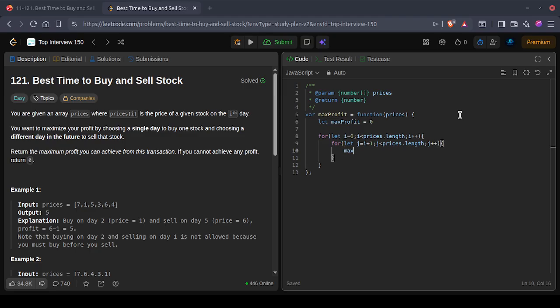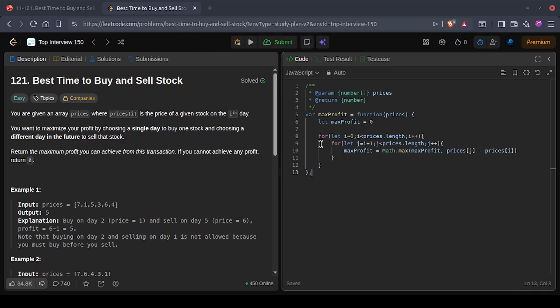Then update the maximum profit by comparing with Math.max, maxProfit and prices of j minus prices of i. So here we calculate the profit and update the maximum profit.